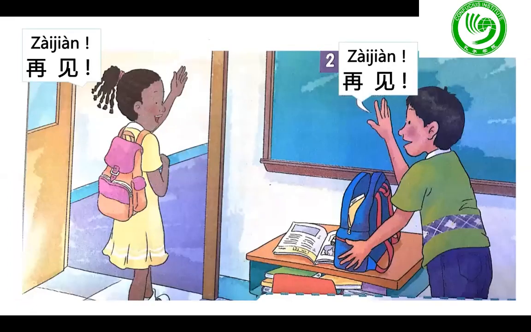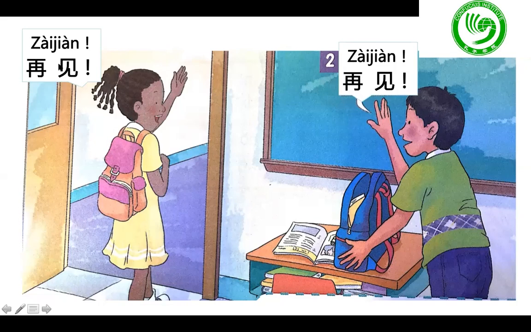Now, we are going to continue with the last dialogue in this lesson. So look at this picture. They want to say goodbye to each other. How to say goodbye?